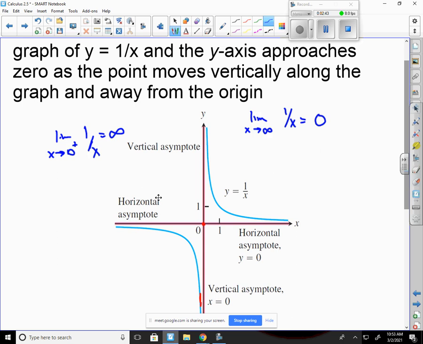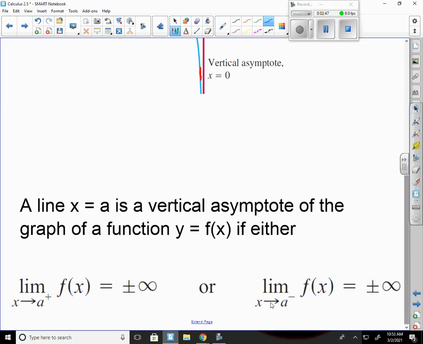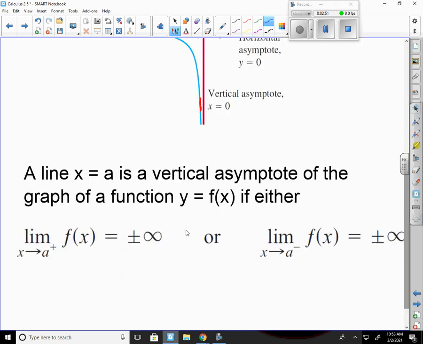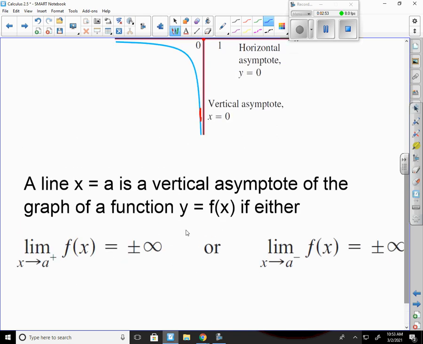So we can learn from this that if we have a vertical asymptote, then the line x equals a is a vertical asymptote of the graph of a function if either the limit as x approaches a from the right of the function is positive or negative infinity, or if it approaches from the left, we have positive or negative infinity.